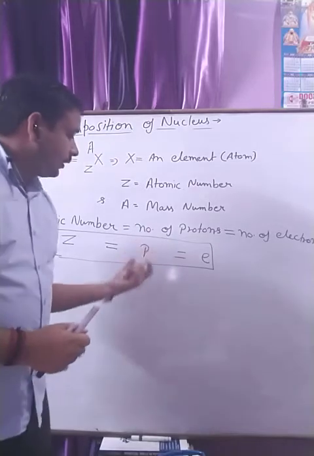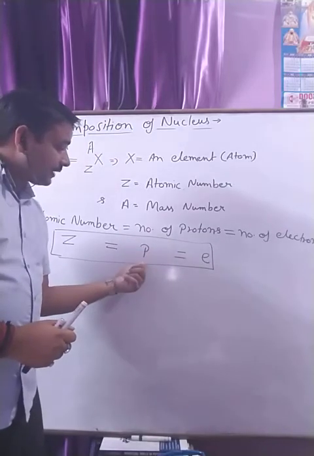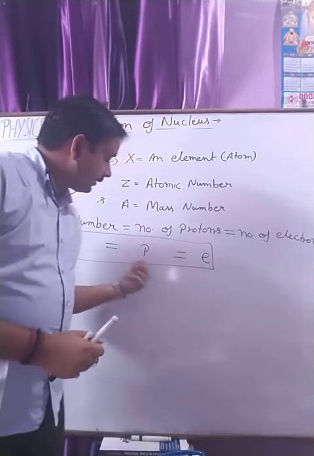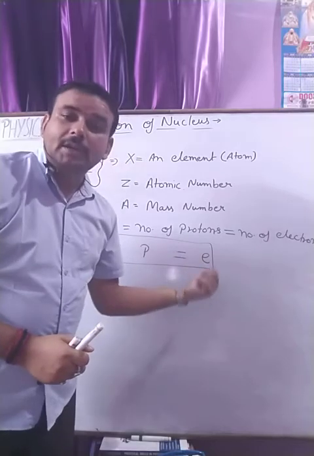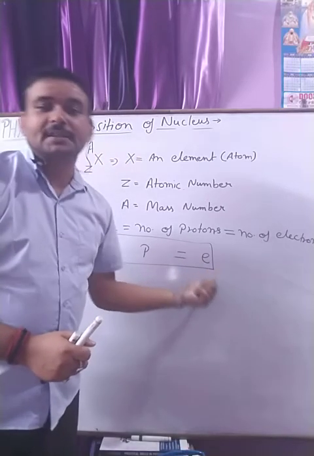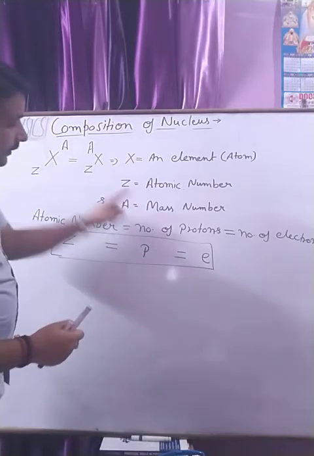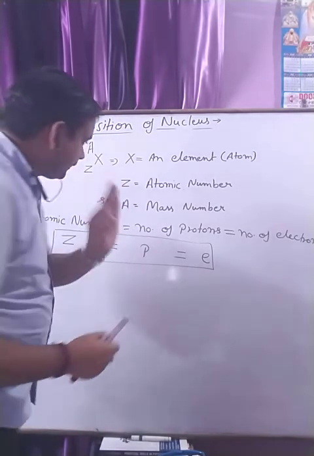The total positive is considered to be the number of protons, and the total negative is represented as the number of electrons. तो हमें ये Z जो है ये हमें इलेक्ट्रॉन और प्रोटॉन के बारे में जानकारियां देता है.